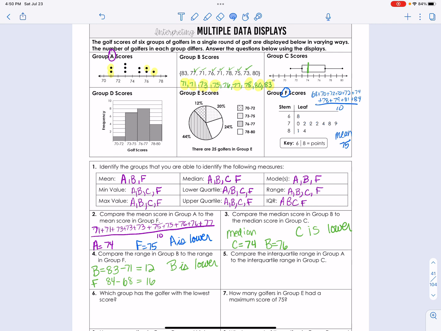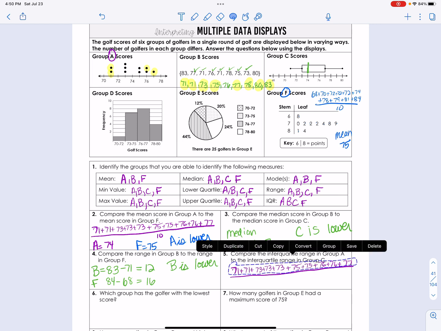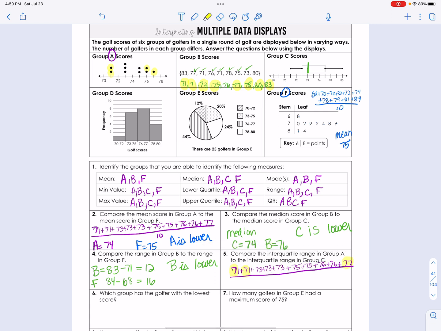I'm going to cut these and bring them down over here. Okay, so I would do 1, 2, 3, 4, and I would use this to find the middle.